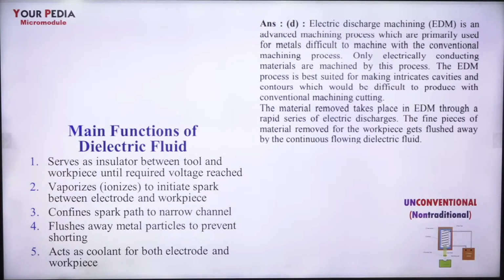It is also used as coolant. Only electrically conducting materials are machined using this process. EDM is best suited for making intricate cavities and contours, which otherwise are difficult to produce with conventional machining.